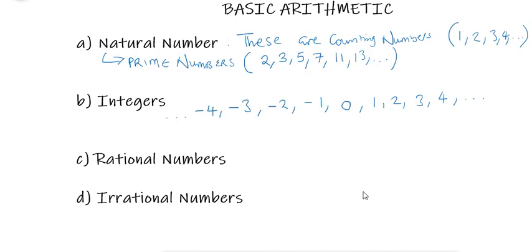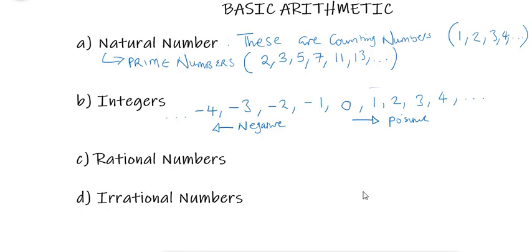On this side we have negative numbers, and on this side we have positive numbers. So integers include the natural numbers. All natural numbers are part of integers. A simple way to think of this is the numbers that you see on the number line.